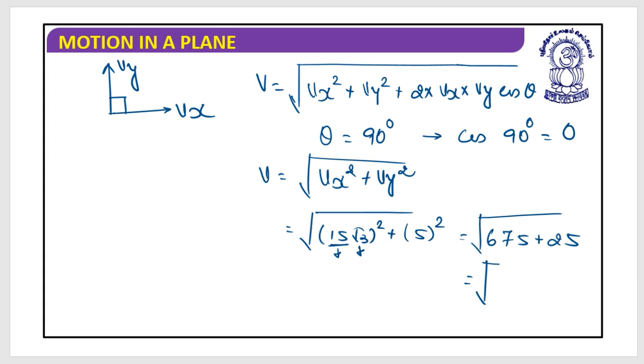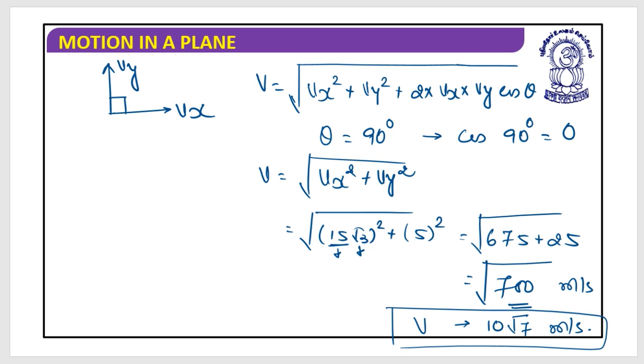So this is the root of 700 meter per second. If you wish, you can write this as 10 root 7 meter per second. This is the final velocity, 10 root 7 meter per second.